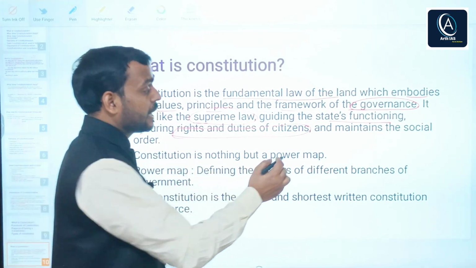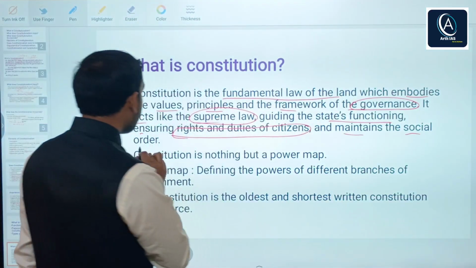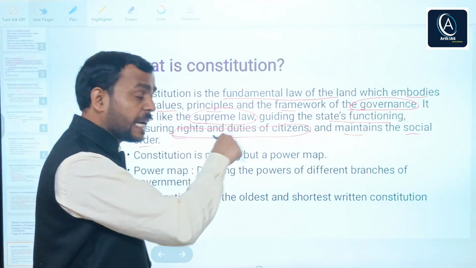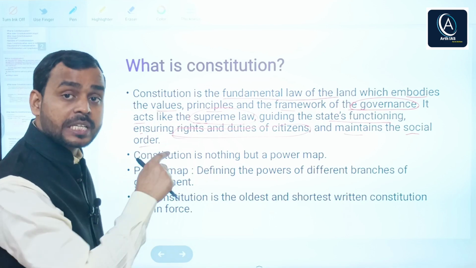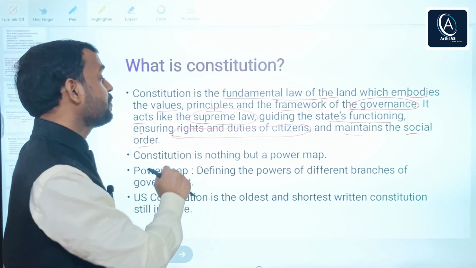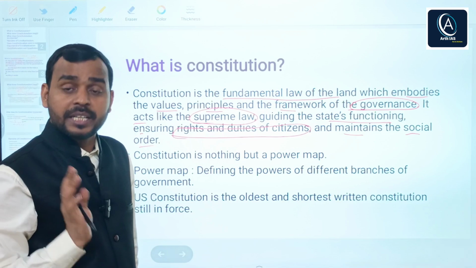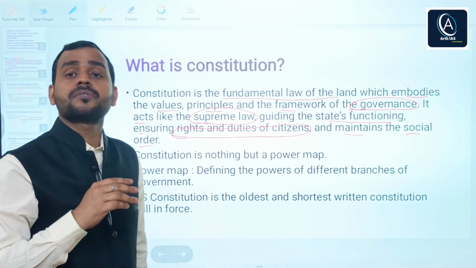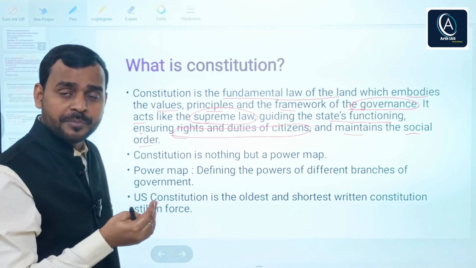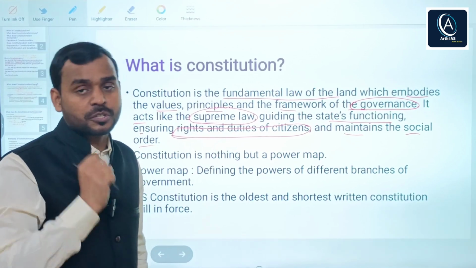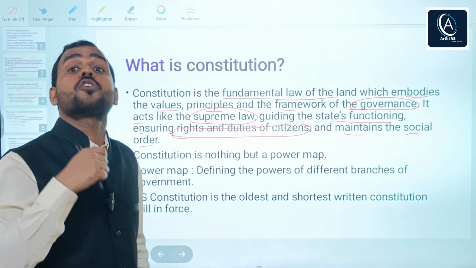Again, it maintains the social order. When the constitution provides guidelines for state's functioning, it obviously maintains the social order. India is functioning very beautifully till date. The biggest reason is we have a very good and strong constitution.